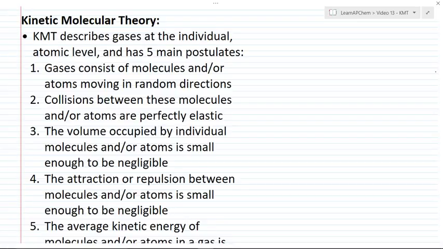It sounds complicated, but it really isn't. This is basically making a bunch of assumptions about atoms in the gaseous state. So this only applies to gases, and in particular, you're going to see this with gases at low pressure and high temperature.